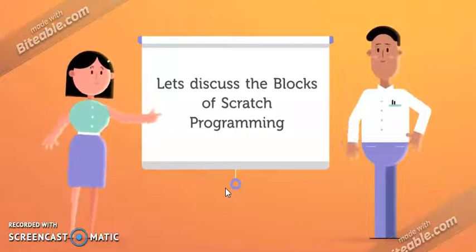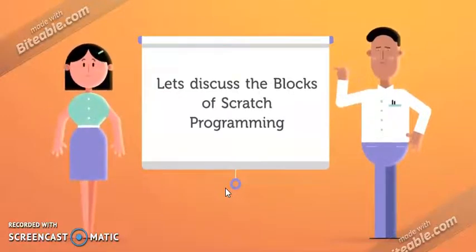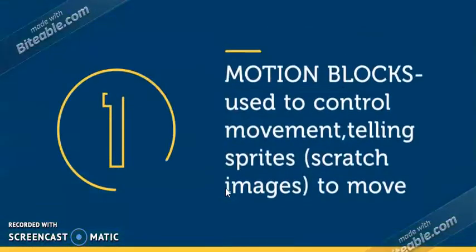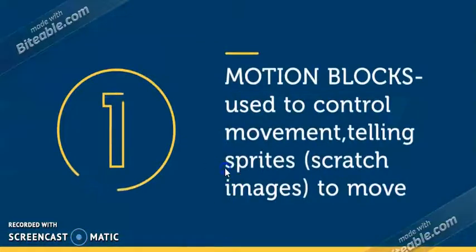So let's discuss the blocks of Scratch programming. First of all, motion blocks. They are used to control movement, telling sprites, that is, Scratch images, to move and turn in relation to the sprite itself, other sprites, or a certain position.